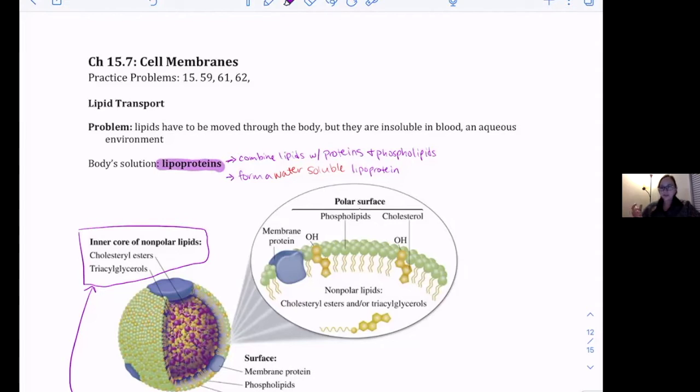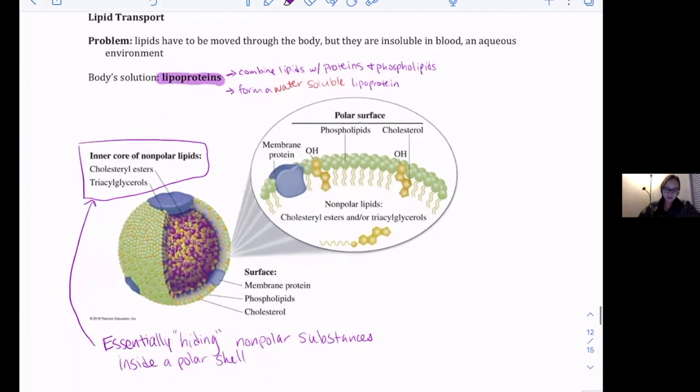So really, what this is, it will form these little droplets that kind of look like this, where this membrane on the outside is going to have a polar surface from the phospholipids, and then it might have some proteins in it in order to let things come in and out of this lipoprotein. And it also has some cholesterol units inside for some structure, but you're going to have your phospholipids having their polar head and their nonpolar tails. And those nonpolar tails are going to house an inner core of nonpolar lipids.